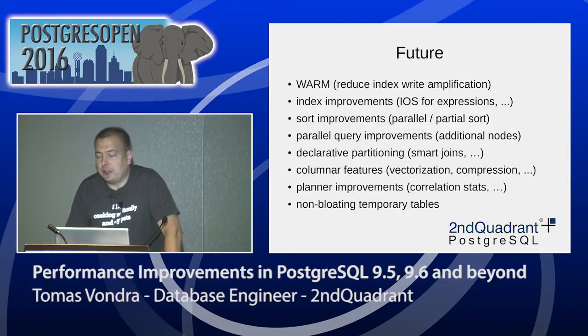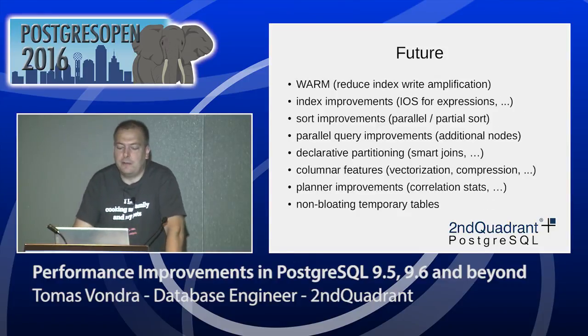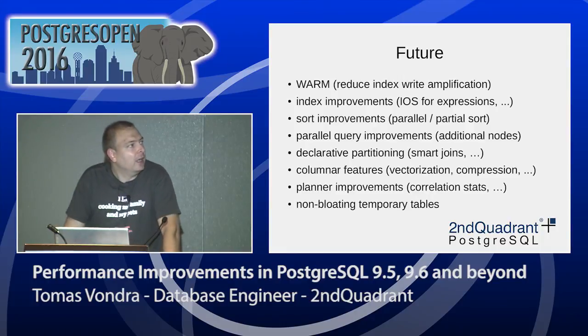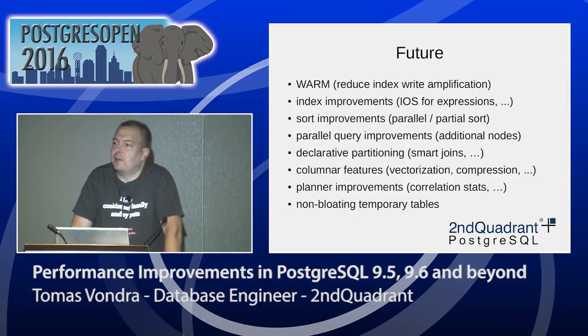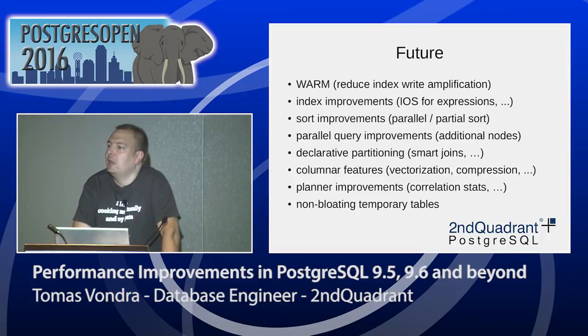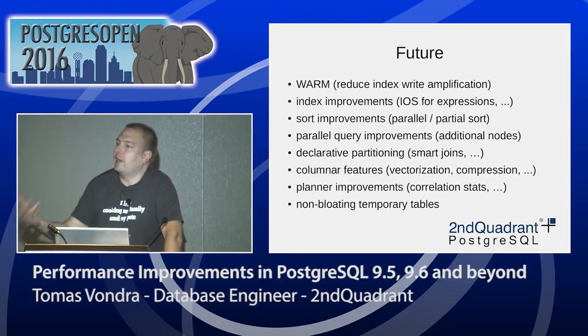Right, and I have a slide about a few changes in the future. If you have been at the first keynote today, Simon mentioned Uber, right? I'm not sure if that's the right pronunciation here, but we know the company. WARM is one of the improvements that are implemented as a result of their feedback, right?